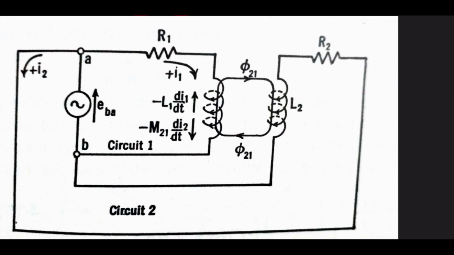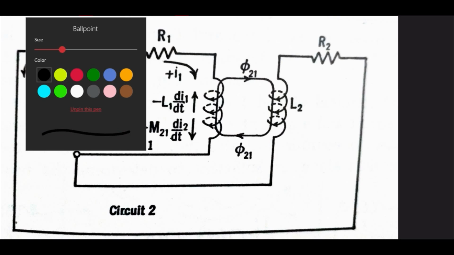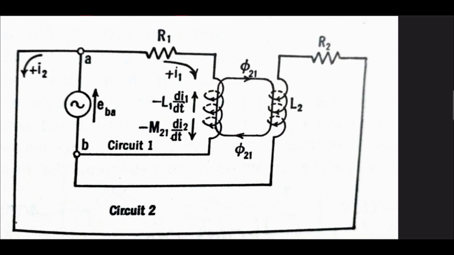If I am considering this small circuit, just a minute, where is that black ball point? Yeah. So I am considering this as our circuit 1. So whatever current at any instance, if current is flowing in this direction I1, see I2 is flowing in this direction, right?